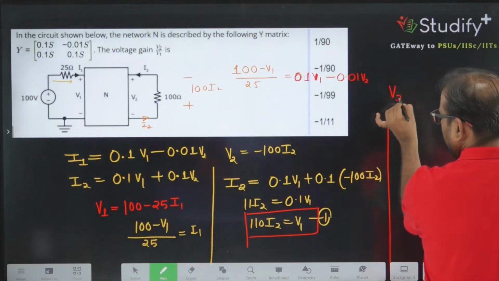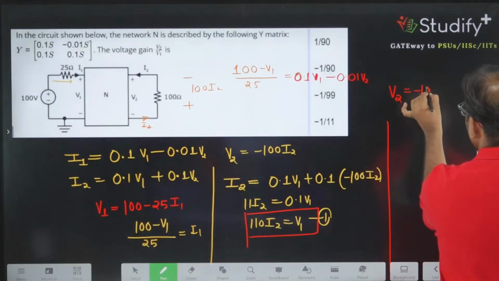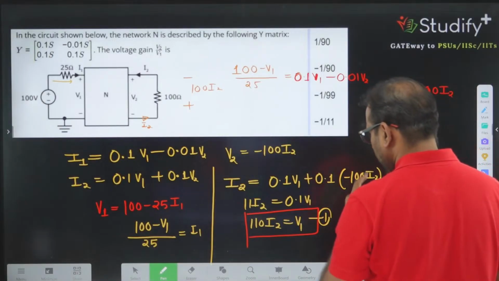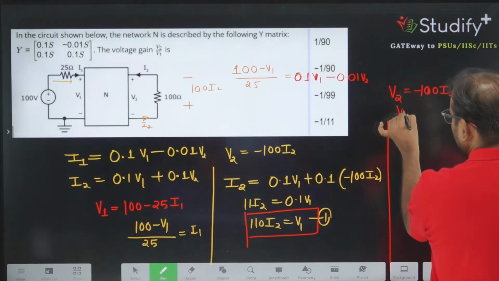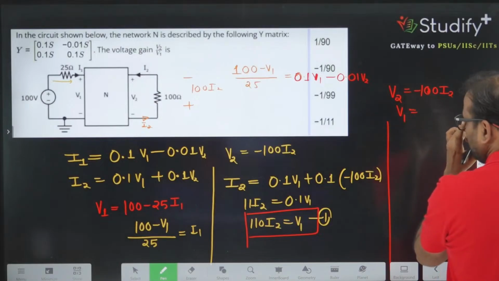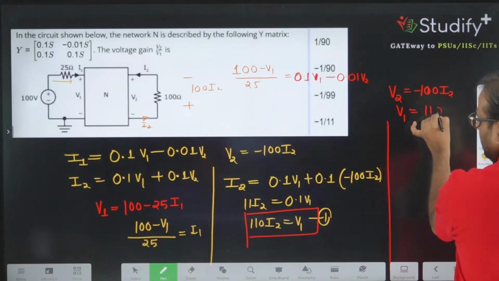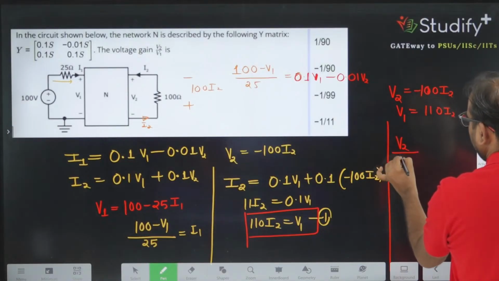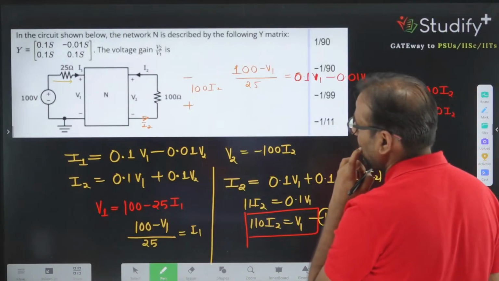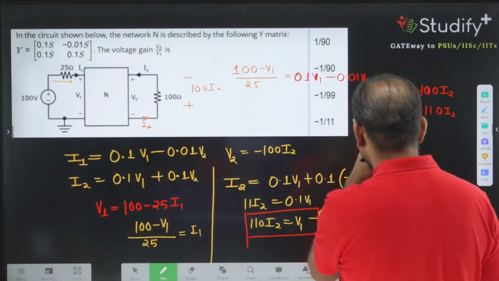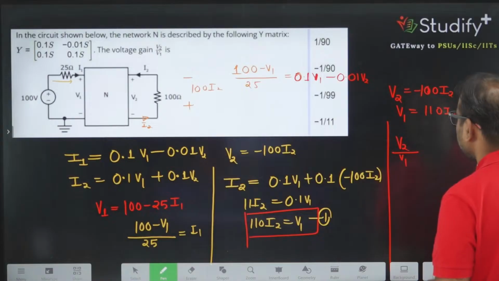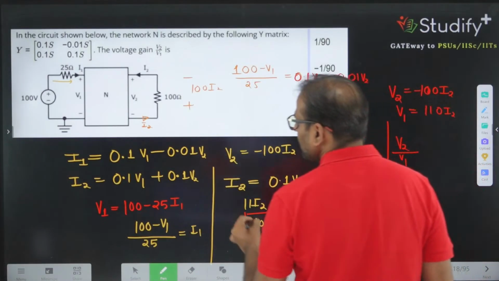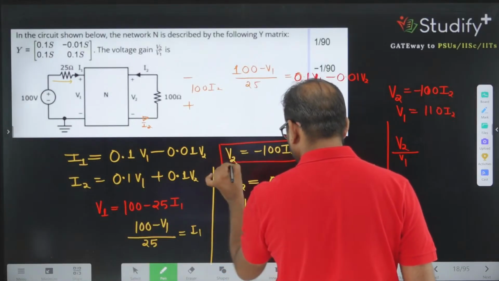V2 is equivalent to minus 100 times I2, and V1 is equivalent to 110 times I2.